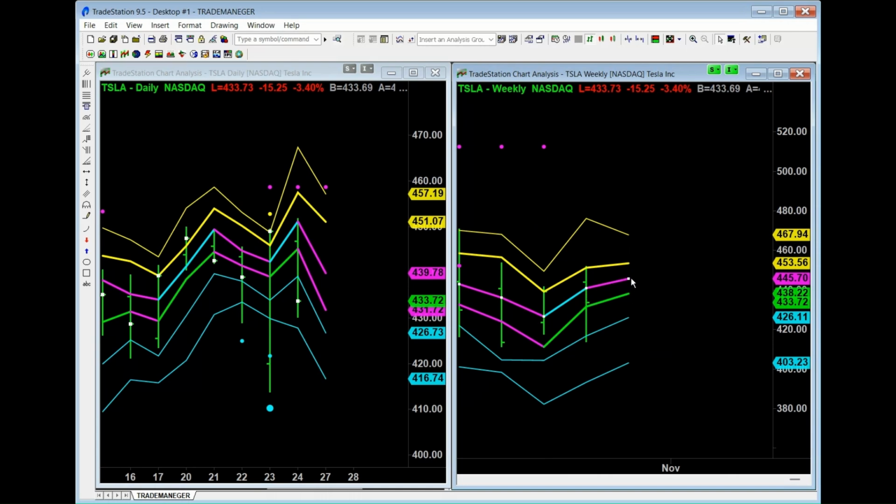It may increase up to this $445. Depending, it may have a potential to increase to this $452 yellow trend line, but then it is still expected to have some fluctuation, and then it may drop down to this $426.